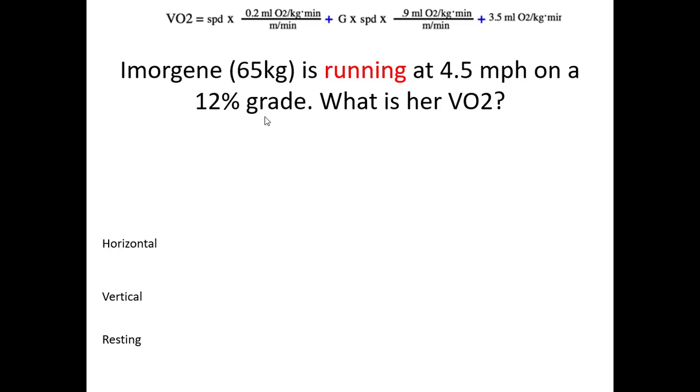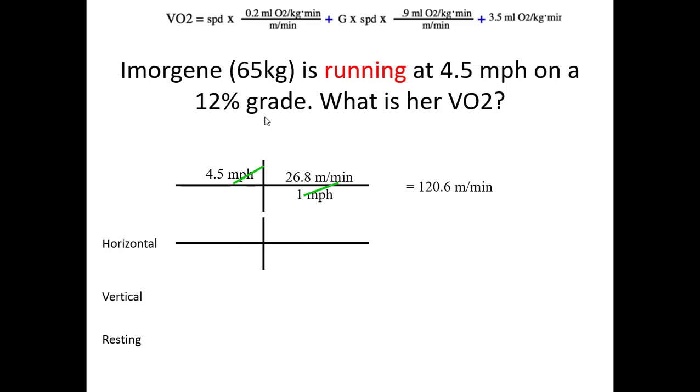So what should we do first? Did you remember, speed is in meters per minute, not miles per hour. So we must change speed from miles per hour to meters per minute. So it is 120.6 meters per minute. I think we are almost done.